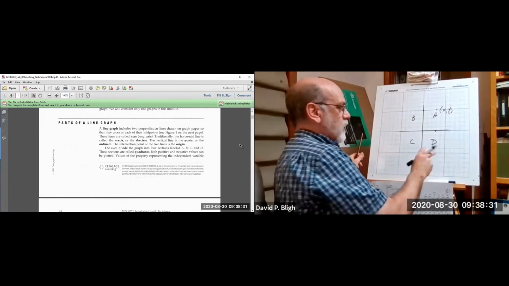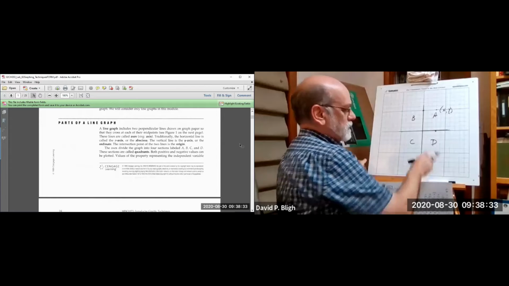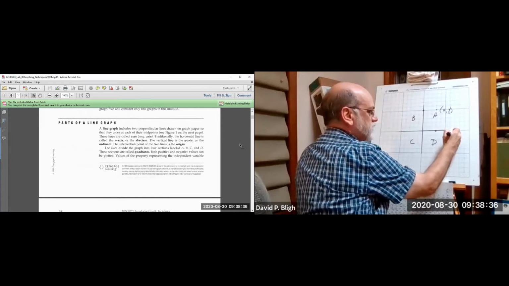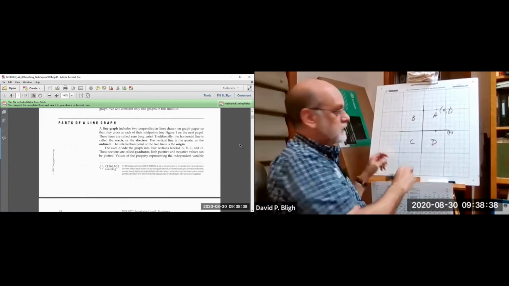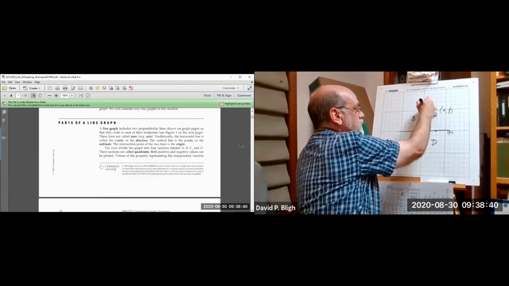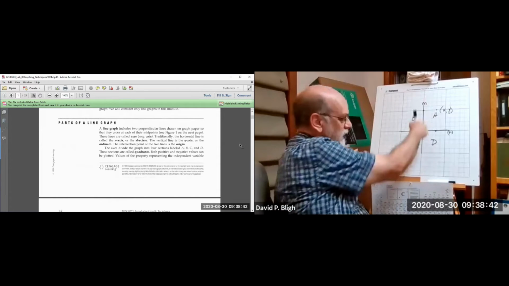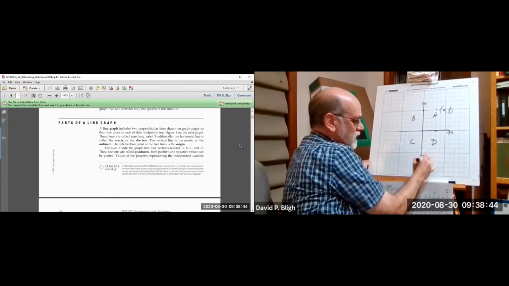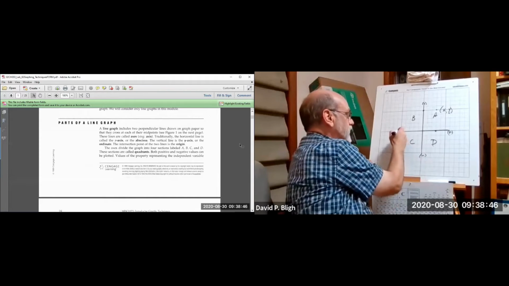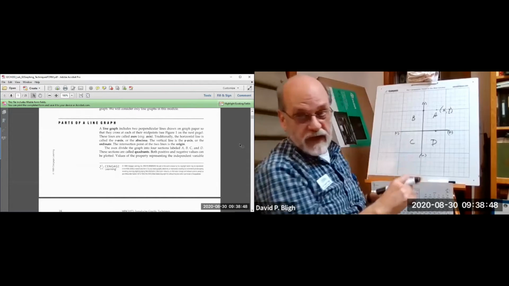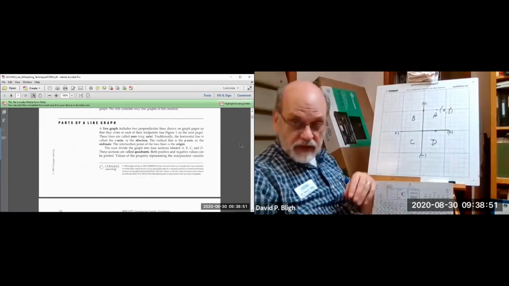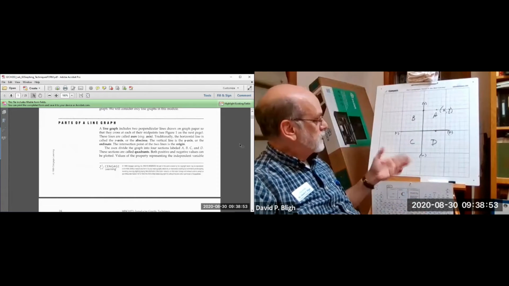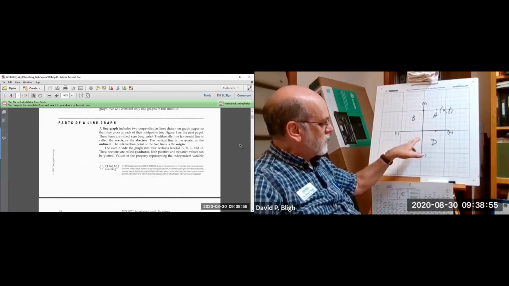Now, the characteristics are, and by convention, these are all positive values of x, and these are all positive values of y. Anything down here is negative value of y, and this one is negative value of x. So it's possible and often used when you put a point anywhere in here.